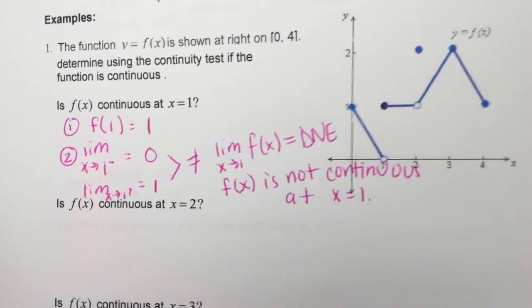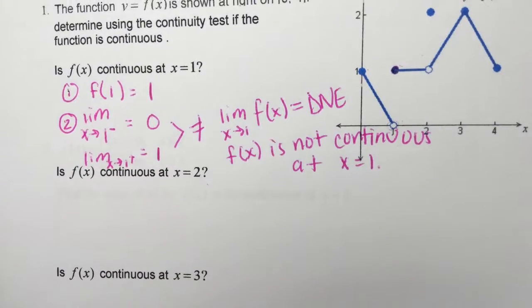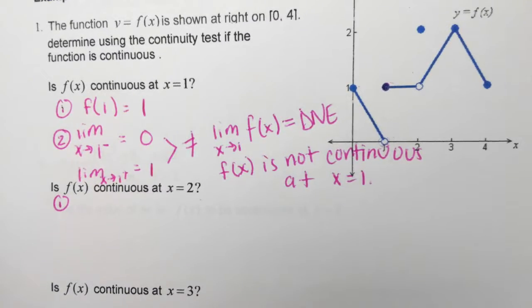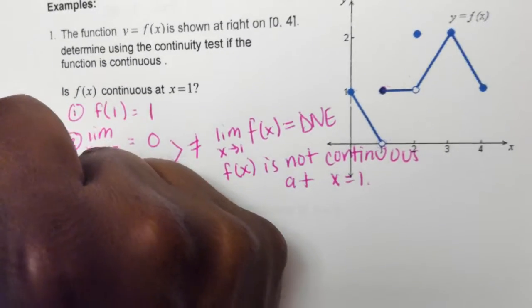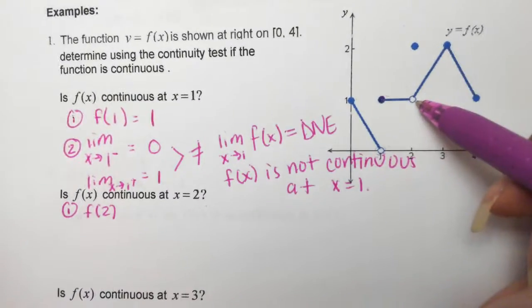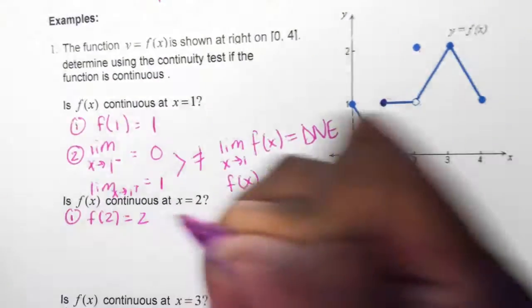Okay, let's try to figure out if f of x is continuous at x equals 2. So again, our first step is to find what is f of 2. So at f of 2, we have an open circle at 1 and a closed circle at 2. So f of 2 equals 2.